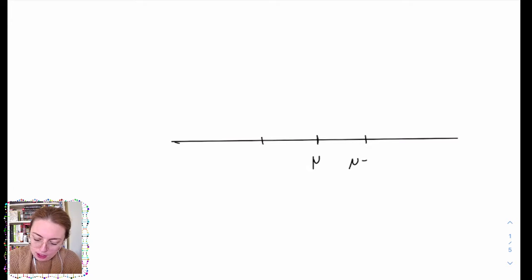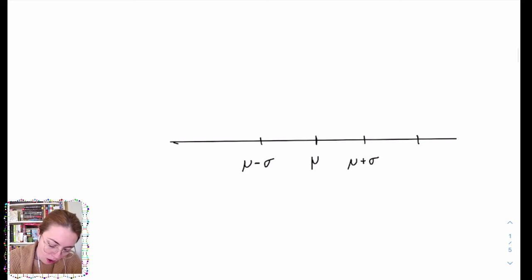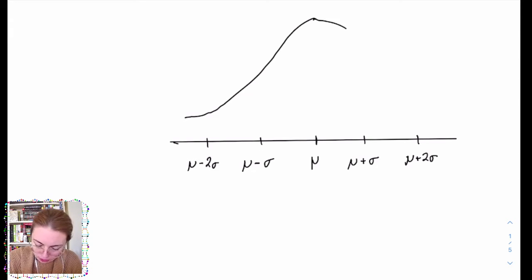So this will be our mean plus 1 standard deviation, and our mean minus 1 standard deviation, and so on and so forth. So that would be mean plus 2 standard deviations, or mean minus 2, and continuing on. And that gives us what we call the normal bell curve. Typically drawn a lot better than that.